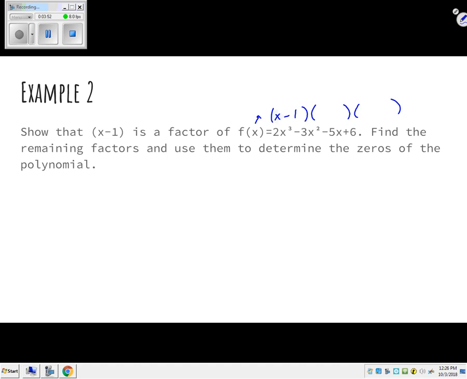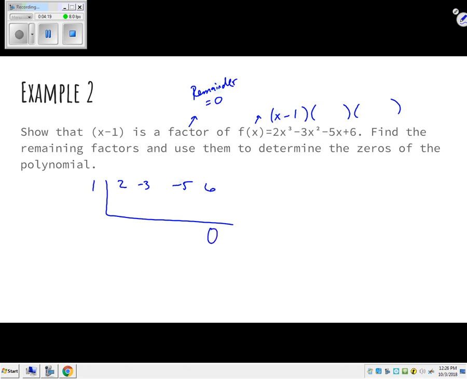That's kind of what we did yesterday. So I'm just going to take this f of x, my polynomial, and divide it by x minus 1. So that means I need to use a plus 1. Now, since it says this is a factor, that means that my remainder will equal 0.